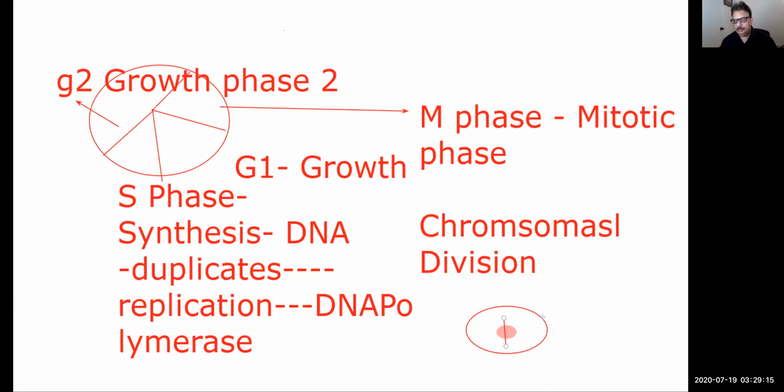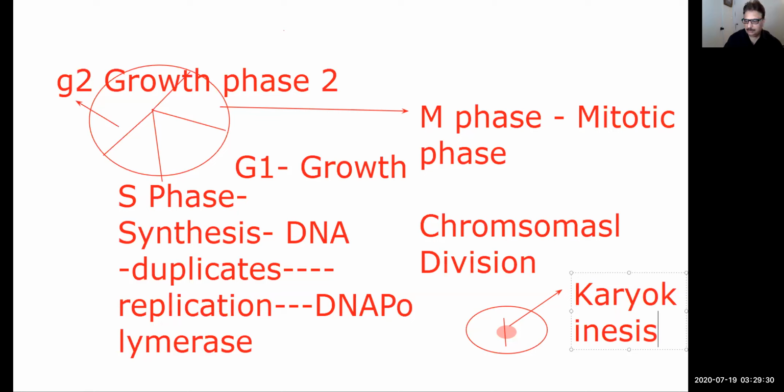So the division of nucleus is called karyokinesis. And then after this, the cytoplasm divides. First the nucleus divides and then the cytoplasm divides.